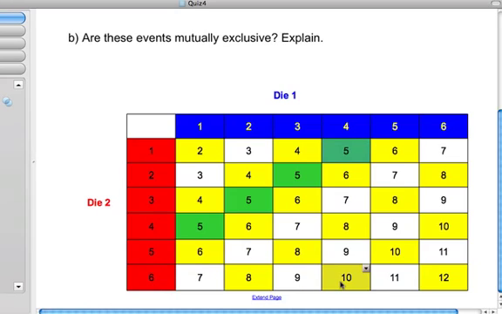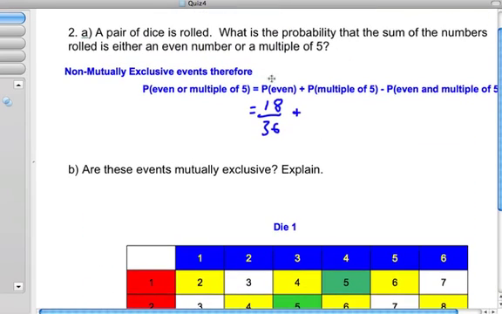We can also roll a 10, another 10, and another 10. So there are 3 different ways we can roll a 10. So there are 7 ways that we can roll multiples of 5 out of the 36 possibilities. So the probability of that is 7 over 36.